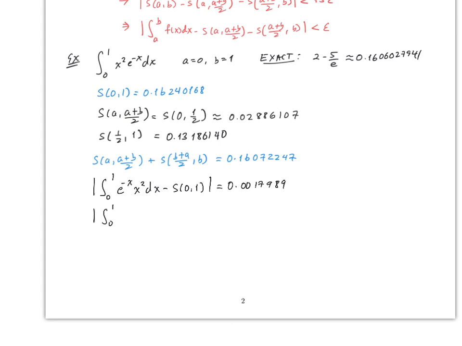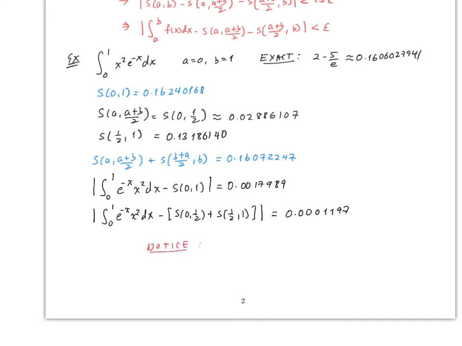And the absolute error, we use the second method, which was minus, and then S of 0 to 1 half plus S of 1 half to 1. This one is actually 0.001197.